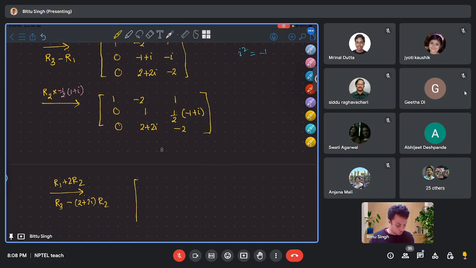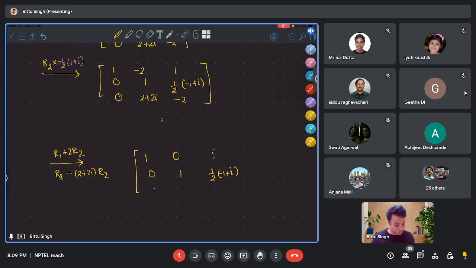So this will give 1, and after that it is 0, and 1, that is 1 plus 2 times R2. What is this? It is i, because 1 plus minus 1 plus i is same as i, and it is now 0, 1, half of minus 1 plus i.